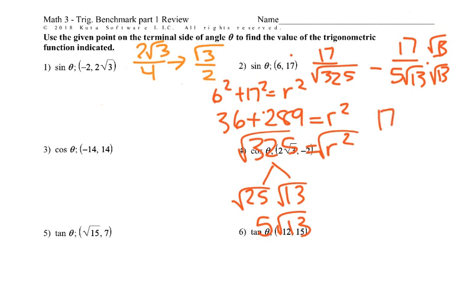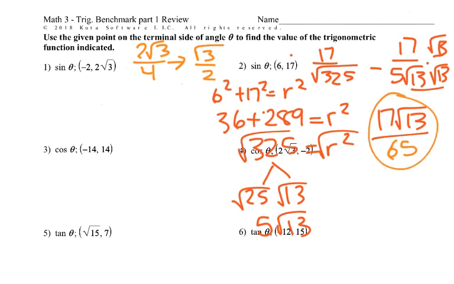Okay, so we get 17 square roots of 13 over, those become 13, so I get 5 times 13, which gives us 65. And I don't think 17 divided by 65 gives us anything good. Nope, it doesn't. So that ends up being my answer. Kind of an ugly one, but still works.